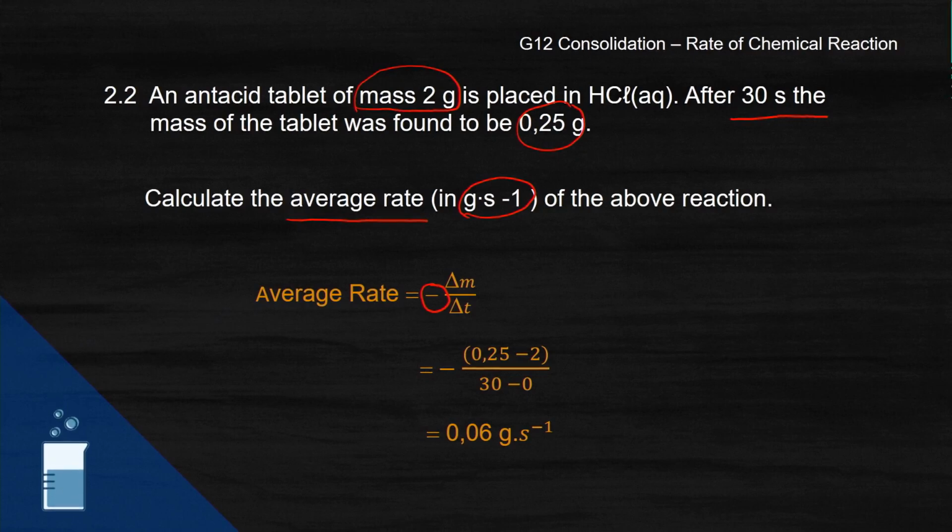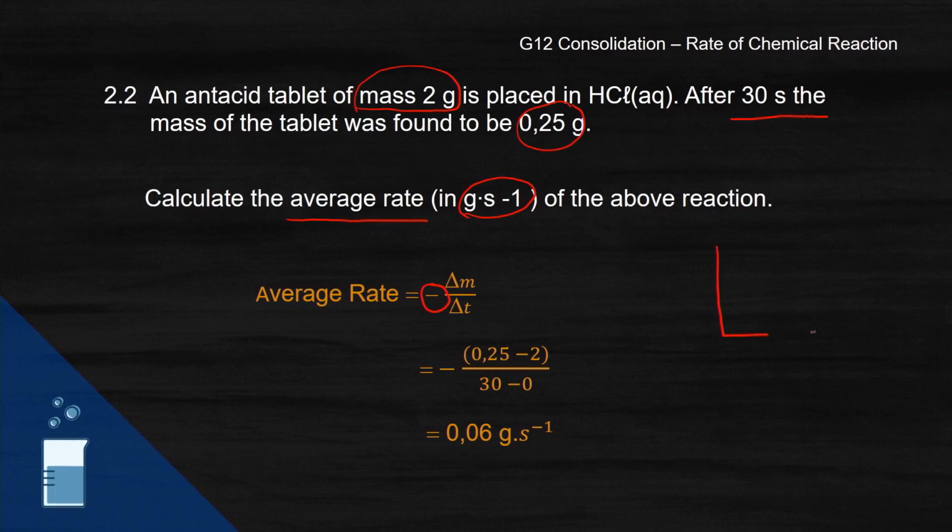Well, from our previous knowledge, we know that when we are measuring the change in mass of the reactant that's being used up, the graph that we're going to get is going to be looking like this. It has a negative gradient. So when we work out the average rate, there has to be a negative placed next to that formula. We need to know that formula. It is not given to us.